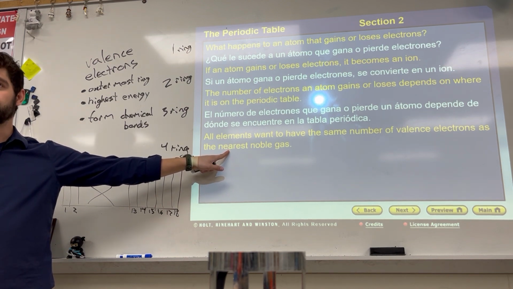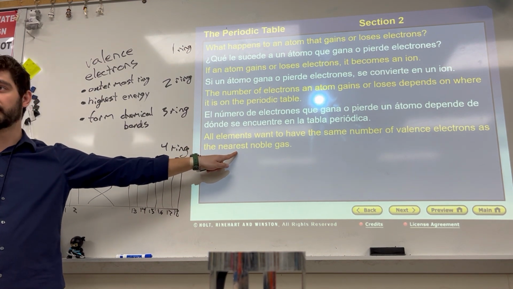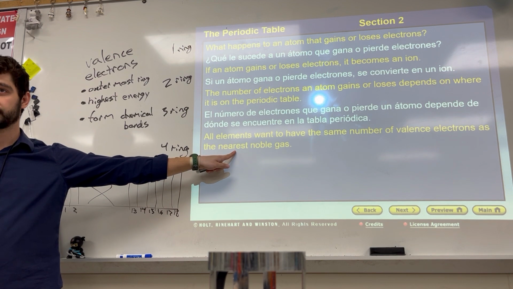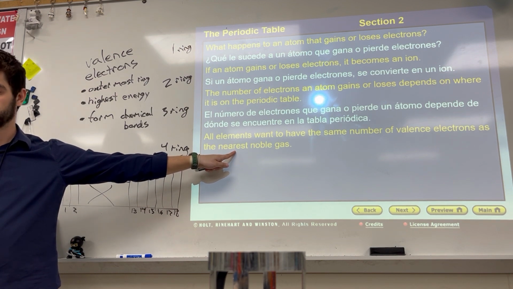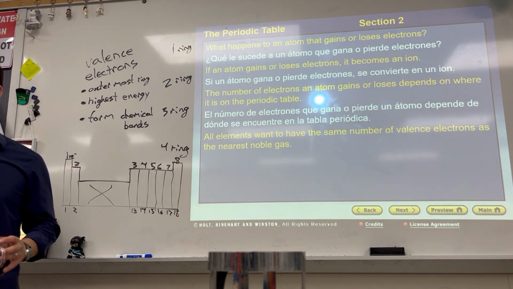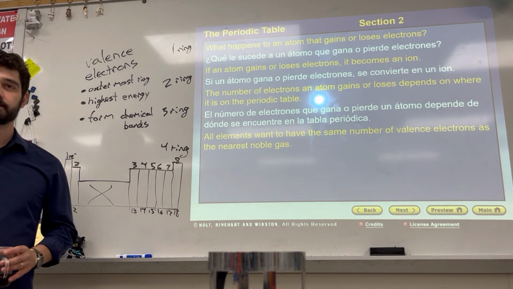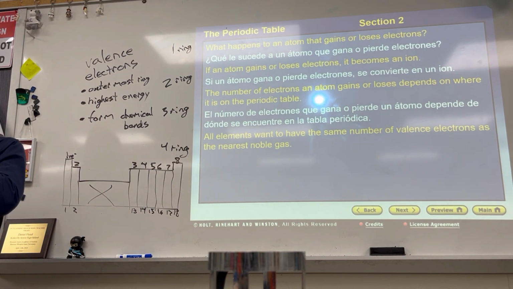Elements can become different ions of different charges, but they will usually follow this pattern. It's pretty interesting that atoms that don't have brains and can't make decisions seem to follow a pattern. It's kind of weird how the universe works.